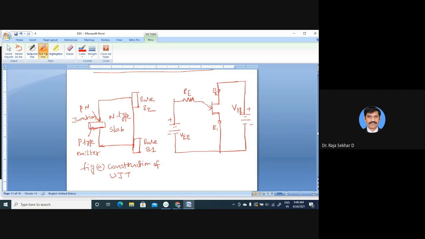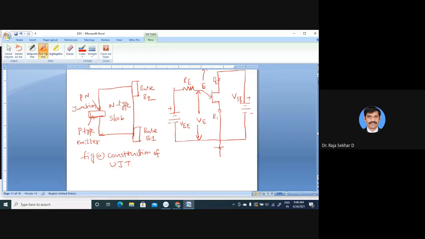This is called the emitter, and this voltage is VE. This is the circuit symbol of UJT.